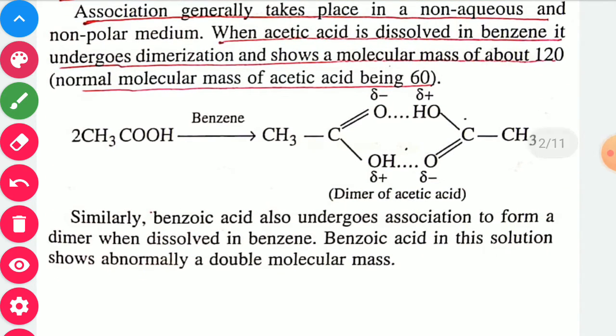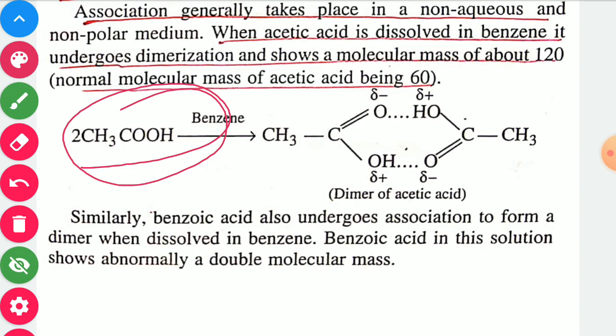Here the association of ethanoic acid is given. CH3COOH, that is ethanoic acid, when it comes in contact with benzene, gets dimerized, that is associated, and forms the dimer. This is the dimer of ethanoic acid, that is acetic acid. Similarly, benzoic acid also undergoes association to form a dimer when dissolved in benzene.